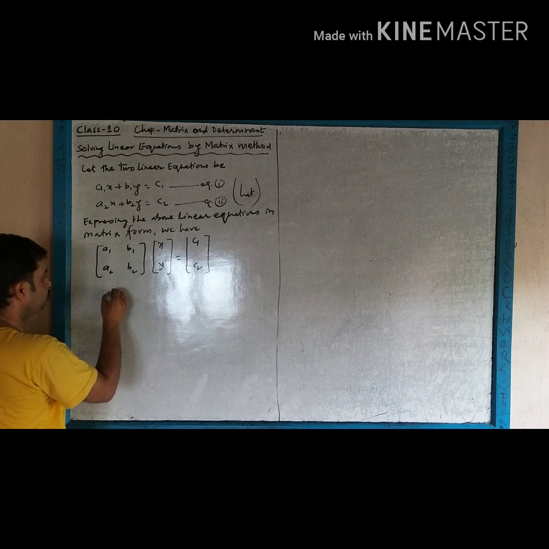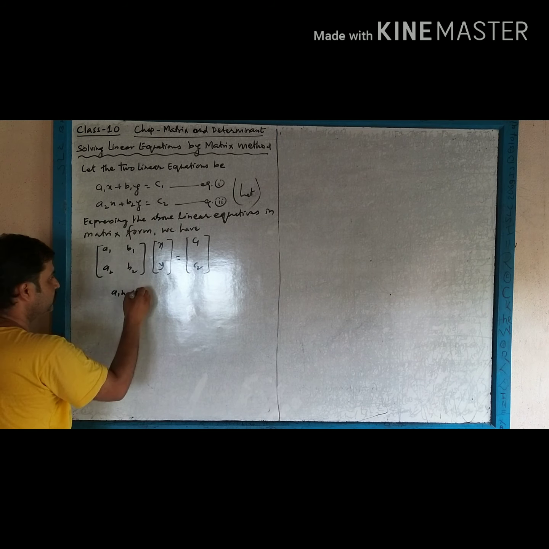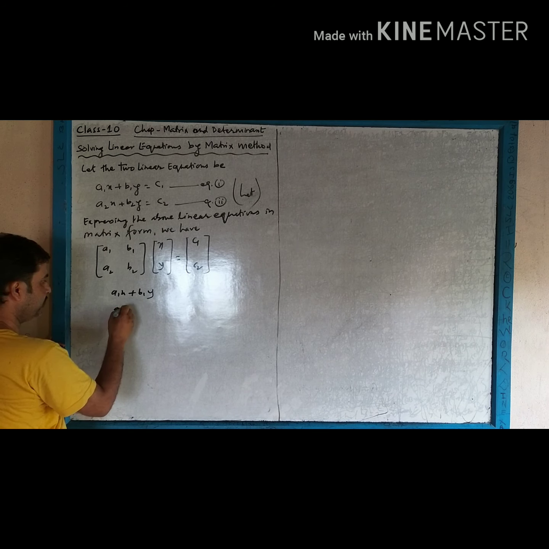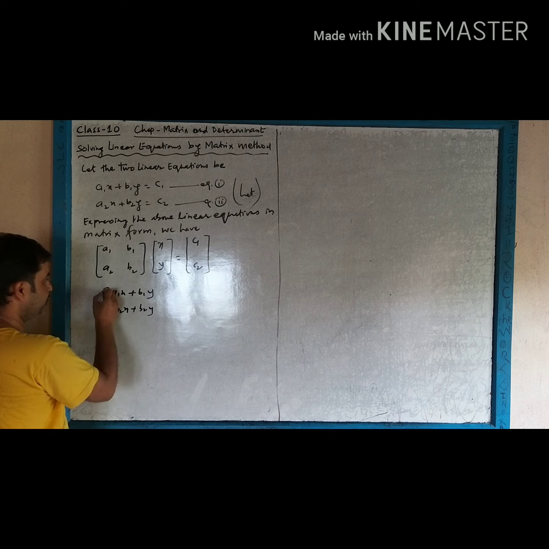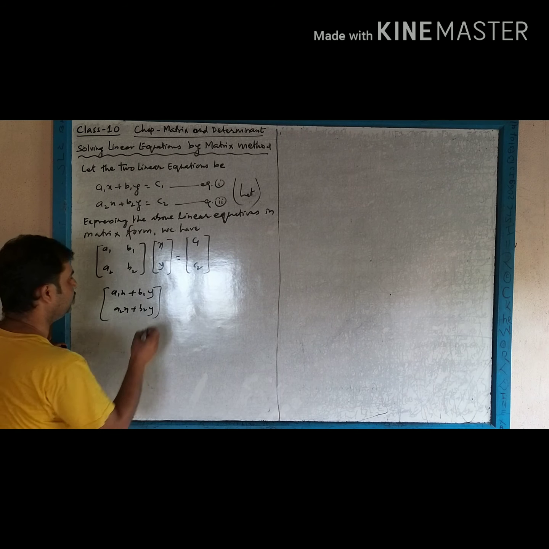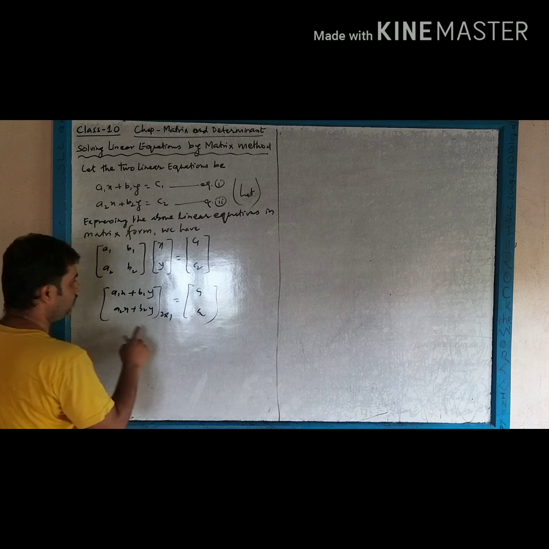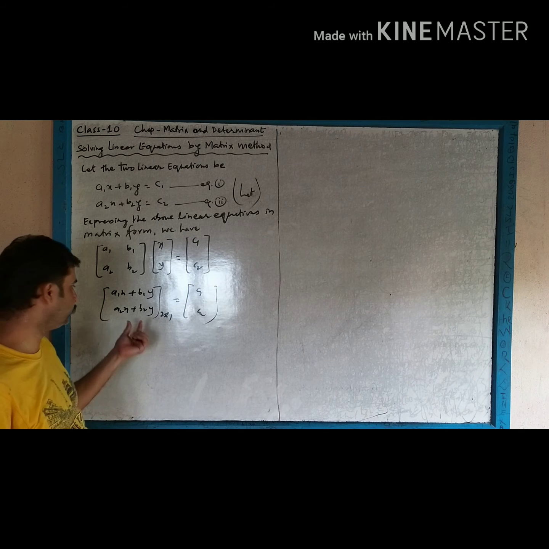You will get a1x plus b1y, and down you will get a2x plus b2y. This is a matrix of 2 by 1 after multiplying, and this side also, that is c1, c2. These two matrices are equal matrices.